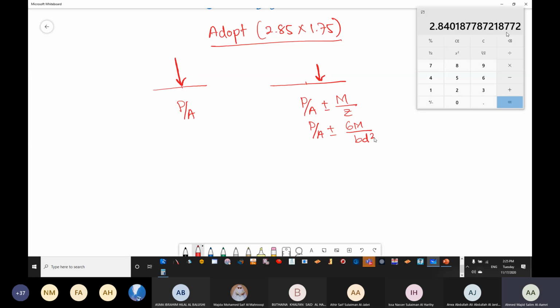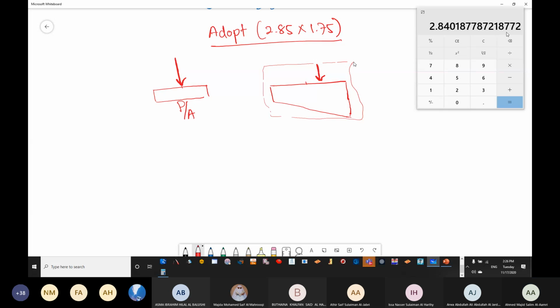Did we talk about the pressure? Right. And we said the pressure here is not going to be uniform. Okay, so we are in case number 2 now, where the loading is not at the center. We need to check now. How to check?